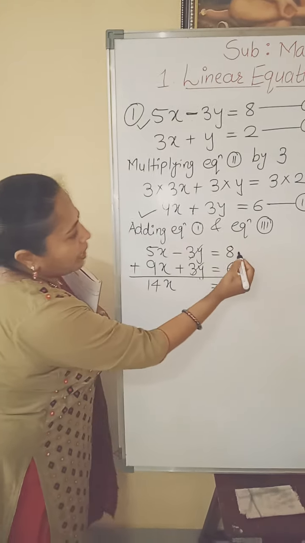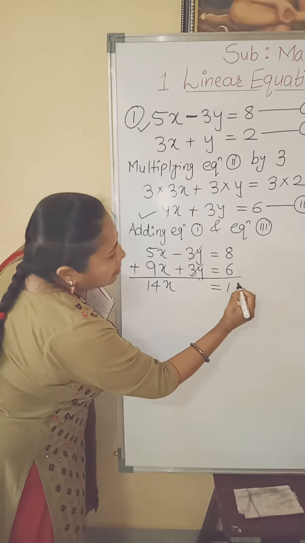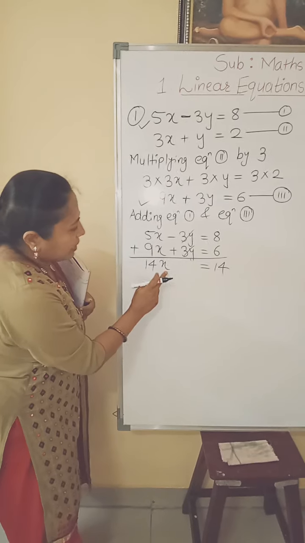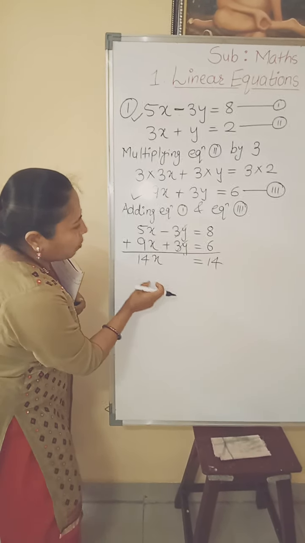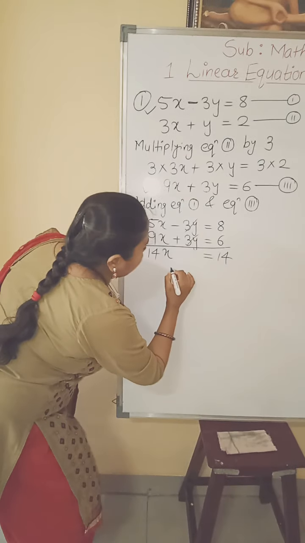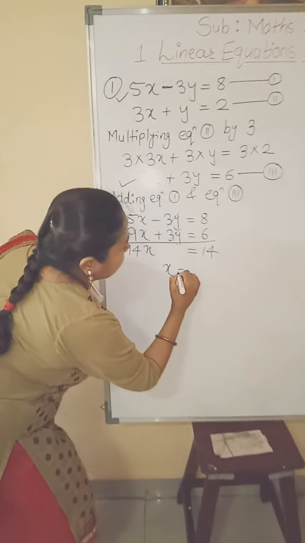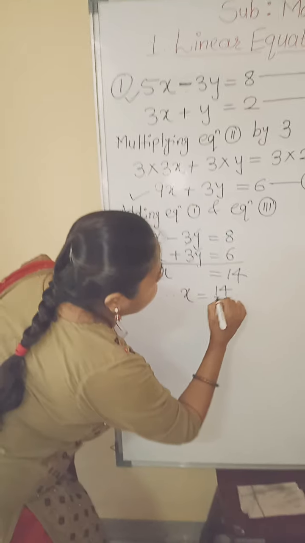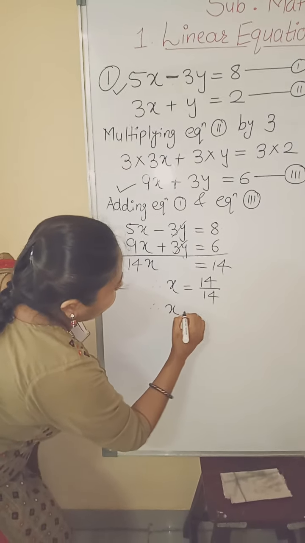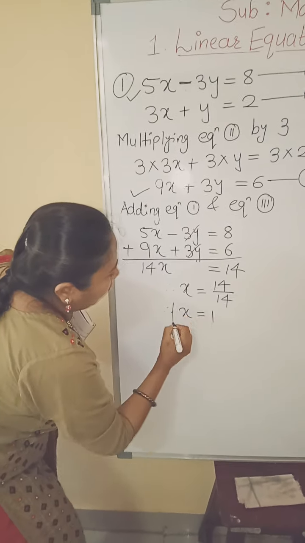Equal to 8 plus 6, 14. Now to get the value of x, we take this 14 on the right hand side, so it gets divided. Therefore, x is equal to 14 divided by 14. Therefore, x is equal to 1.